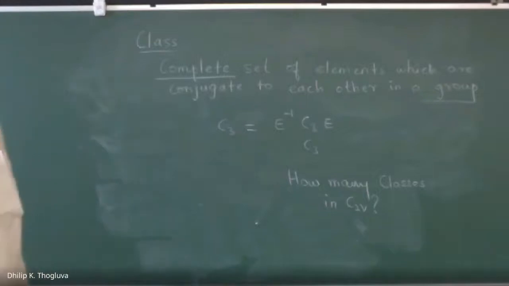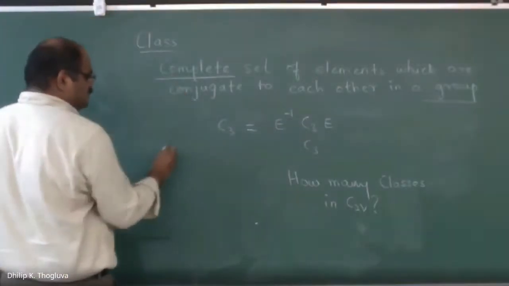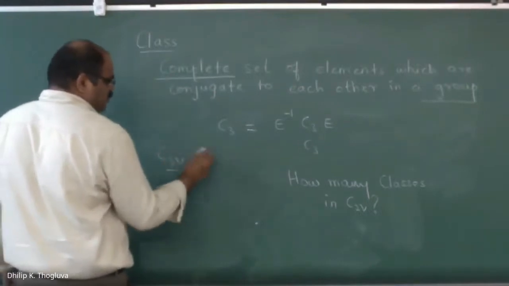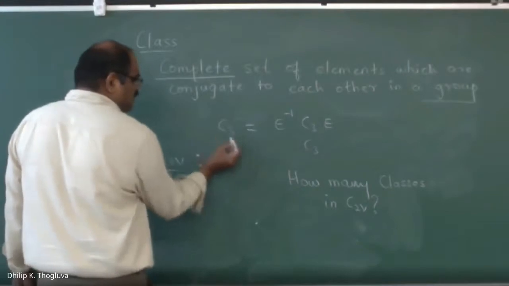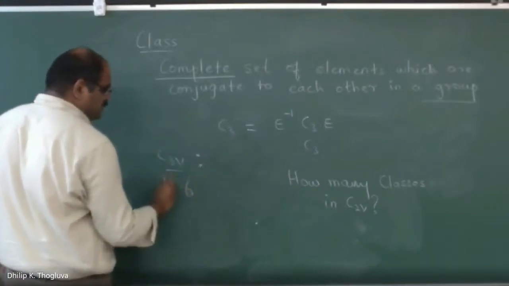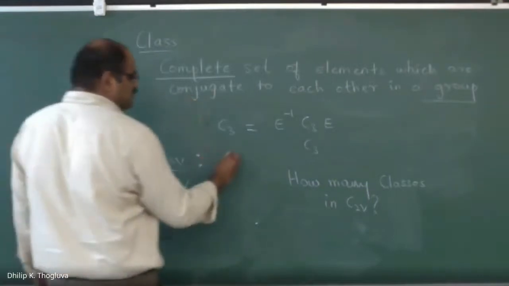Can you again define the line you wrote? Order of all classes will be the integral multiple. In C3v, the order of the group h is equal to 6, and here the number of classes is 3.